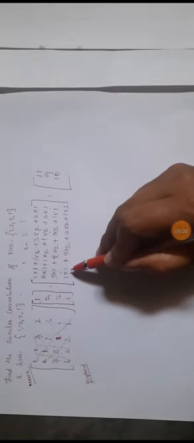Next 2 plus 2, 4, 4 plus 2, 6, 6 plus 3, it is 9. 3 plus 4, which is equal to 7, 7 plus 2, 9, 9 plus 1, it is 10. 1 plus 6, 7, 7 plus 4, it is 11, 11 plus 1, it is 12, the last value is 12.